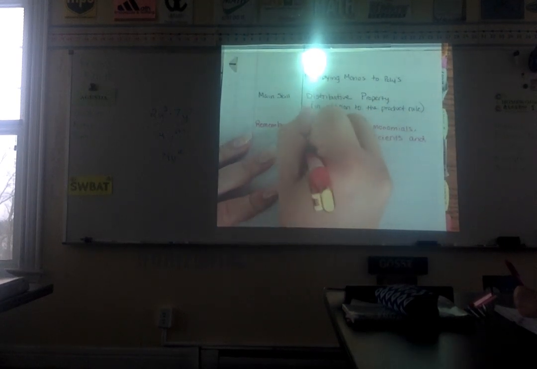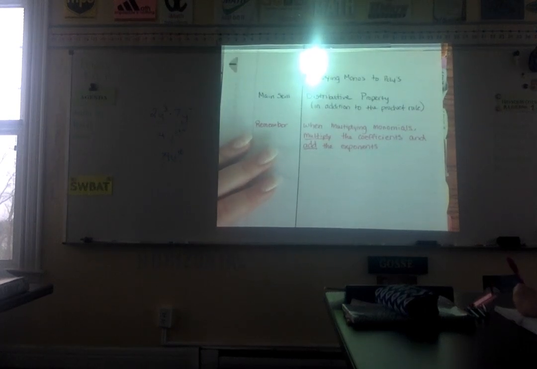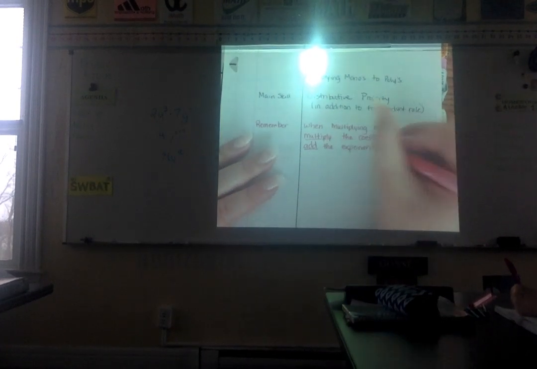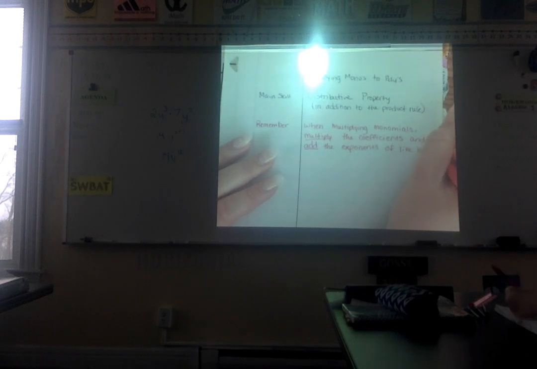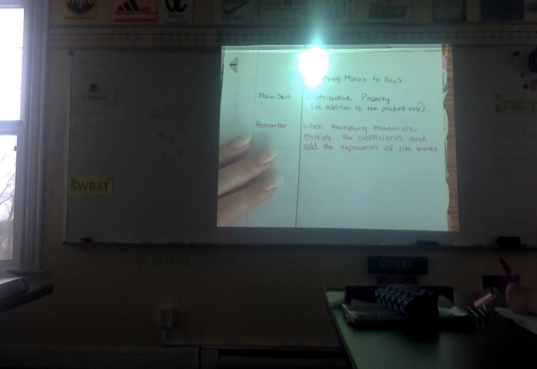I'm going to underline multiply and add in those 2 spots. The exponents of like bases. And then underneath, once you're done, I might write in parentheses the product rule, because that's technically what we're talking about.